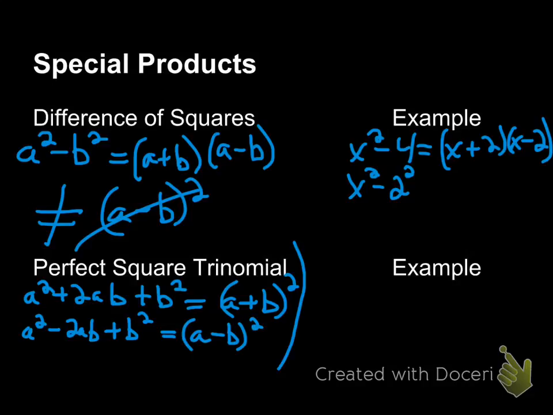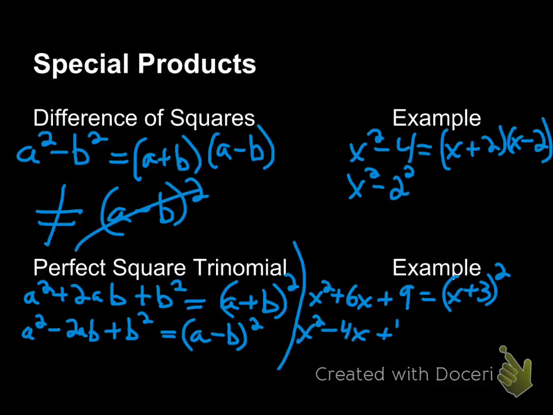One example would be x squared plus 6x plus 9, which would factor into x plus 3, that whole thing squared. Or, for instance, x squared minus 4x plus 4 would equal x minus 2 squared.